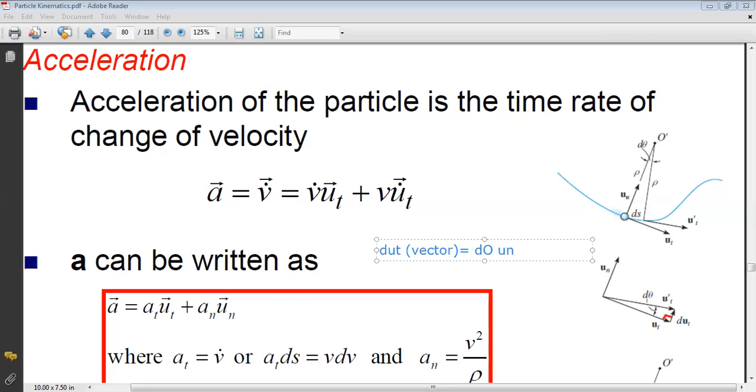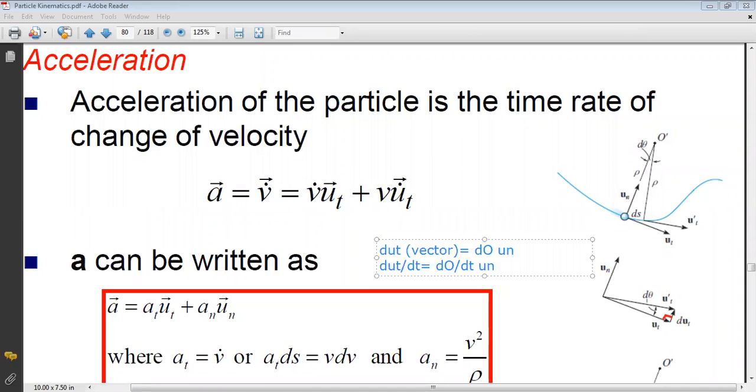So dut is simply d theta un. Now what I want is dut by dt. So dut by dt is equal to d theta over dt times un.